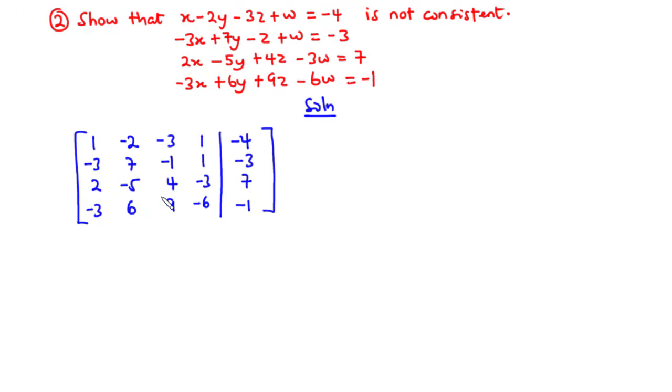Let's do that together. Focusing on this value, to make this value go to 0, we perform the operation on row 2, and then we multiply row 1 by 3 and add that to row 2. So we have 3 row 1 plus row 2.